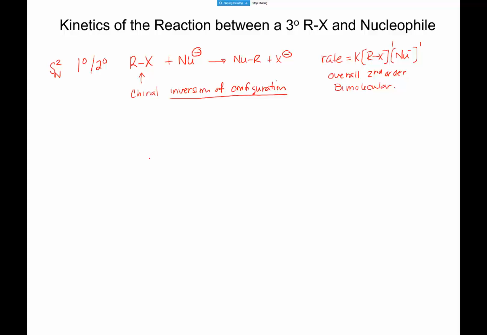And the last thing is, what's the mechanism?